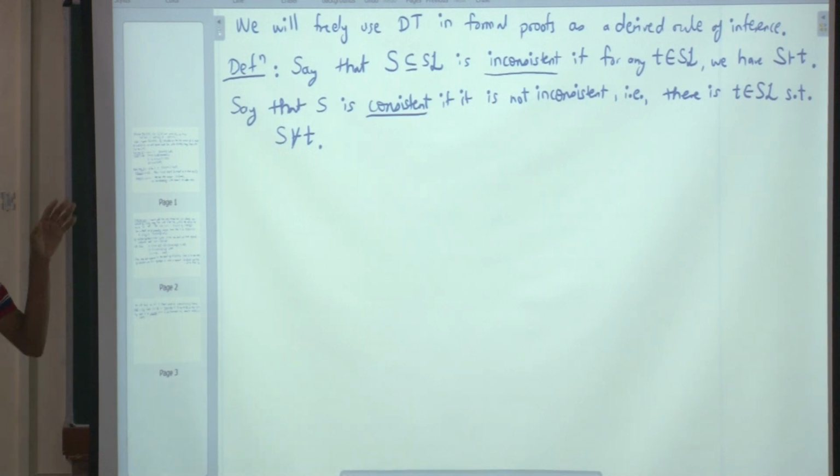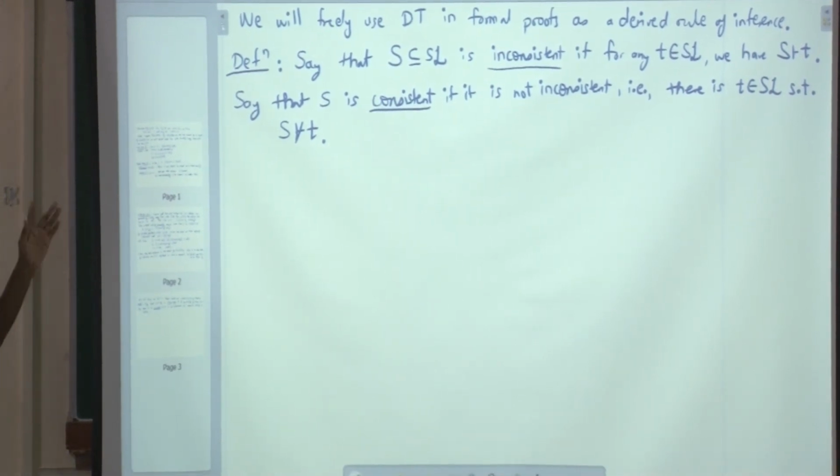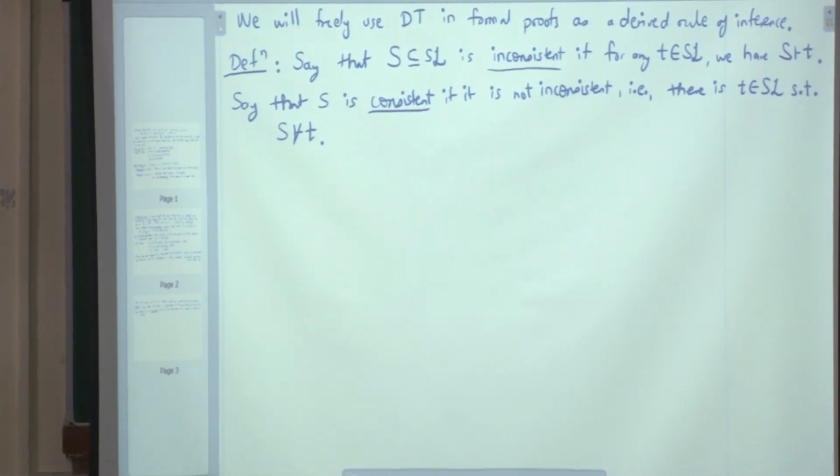Because in the filter language, S and negation S, by conjunction they generate 0, the contradiction, and from contradiction you can prove anything. That's the idea. So we are going to simply do that.